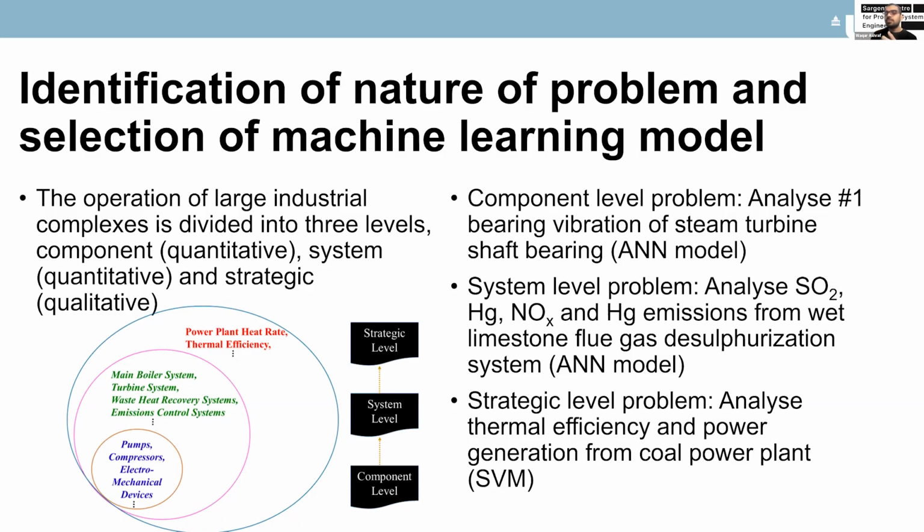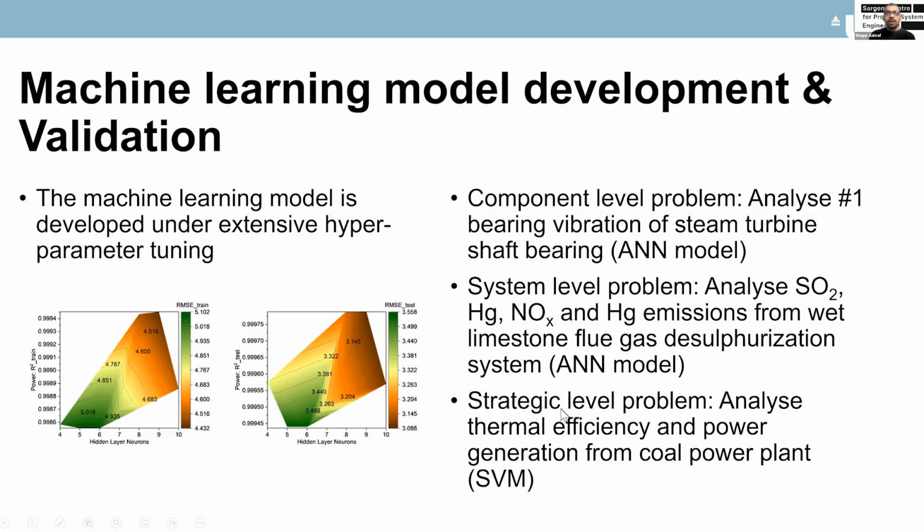We developed an ANN model for the strategic level problem and a support vector machine model for the component level problem, but we found that the ANN model was working better for the component level and the support vector machine was working better for the strategic level problem. And here we have represented the model development phase, where in the case of the artificial neural network, the hyperparameters are optimized from 4 to 10, which are the hidden layer neurons.